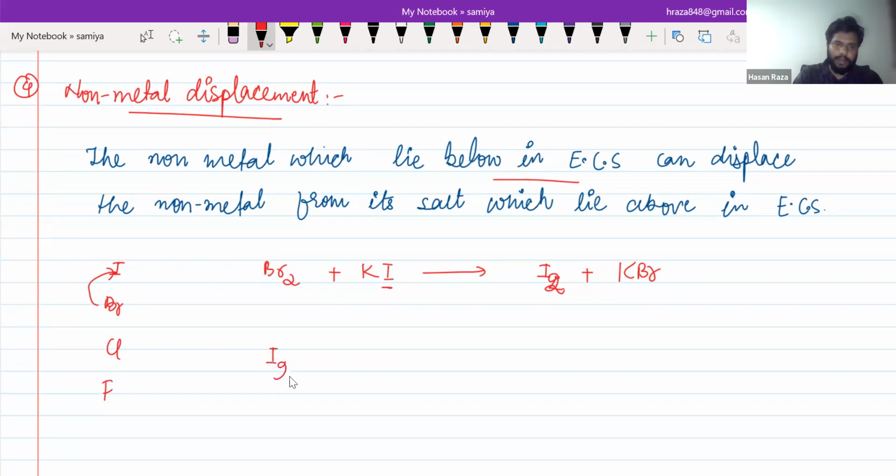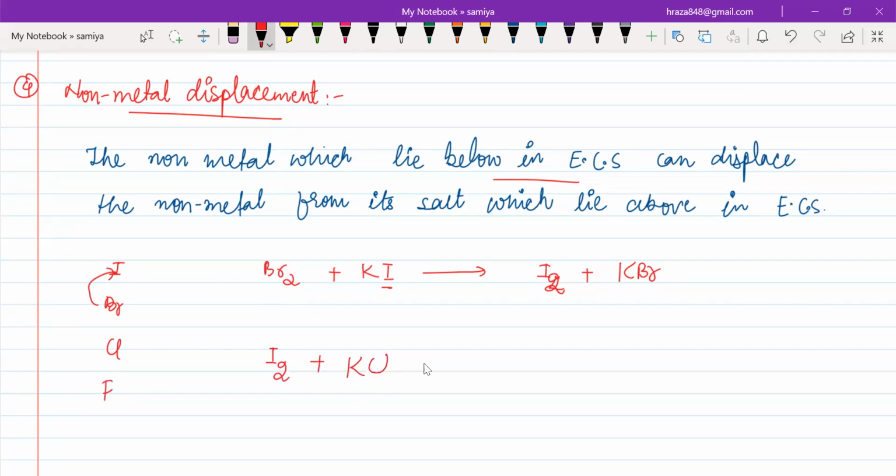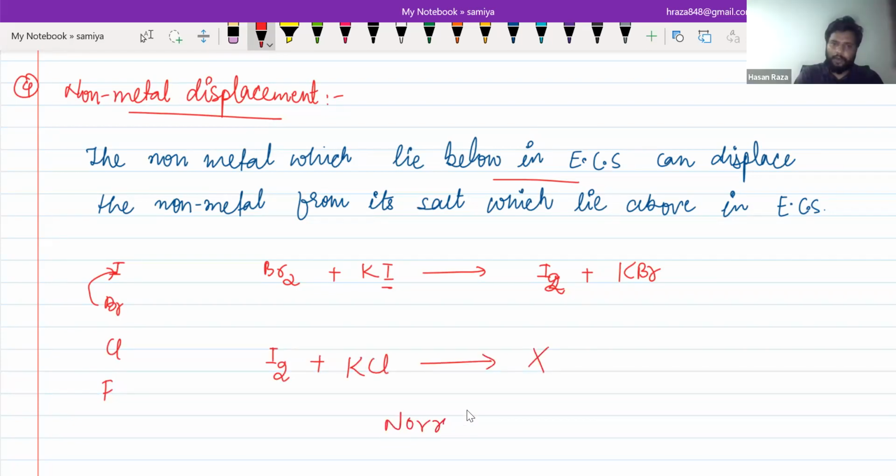But if you react I2 plus KCl, there will be no reaction, because chlorine lies below iodine. In non-metal displacement, if any non-metal wants to displace a non-metal from its salt, then the element should be below in ECS.